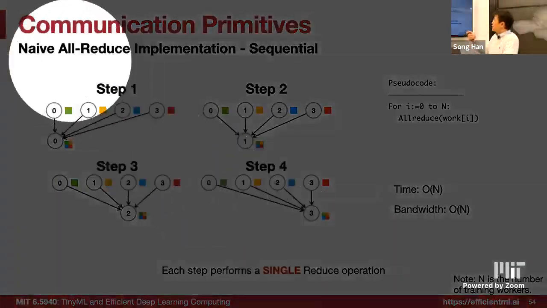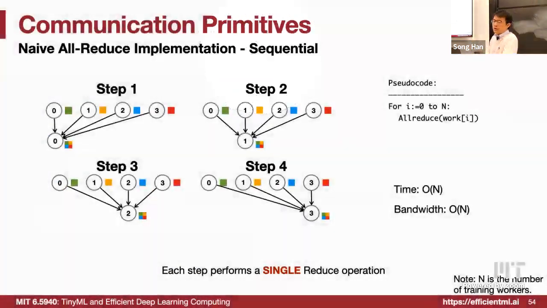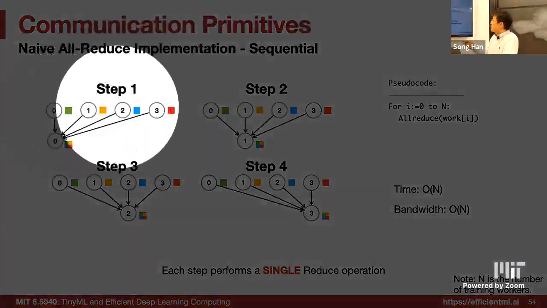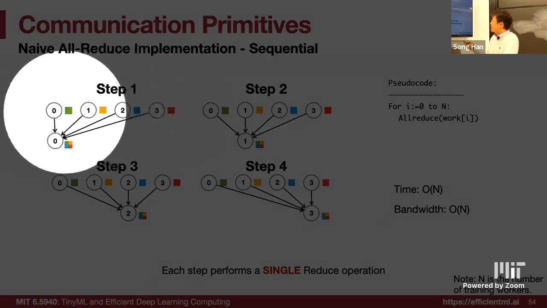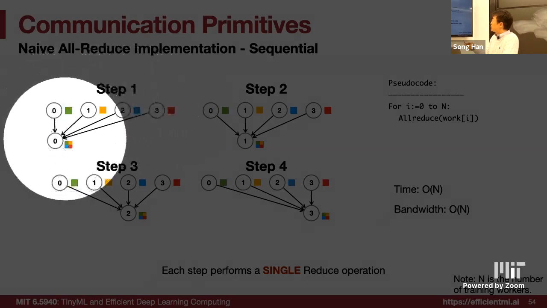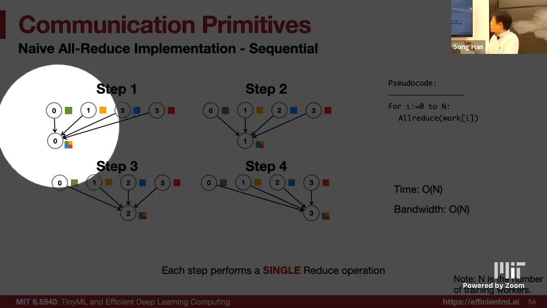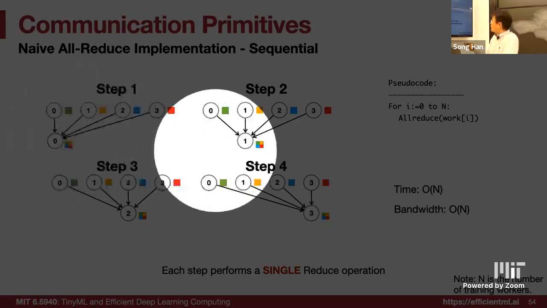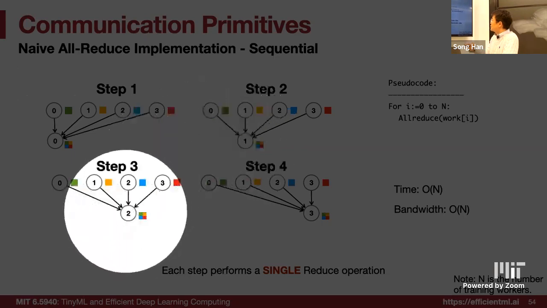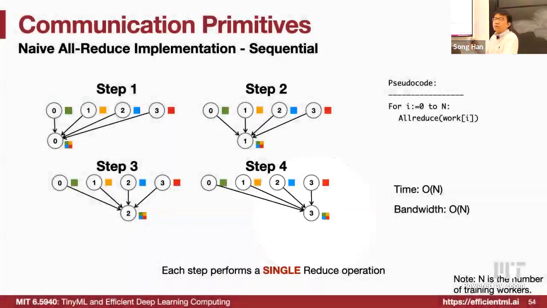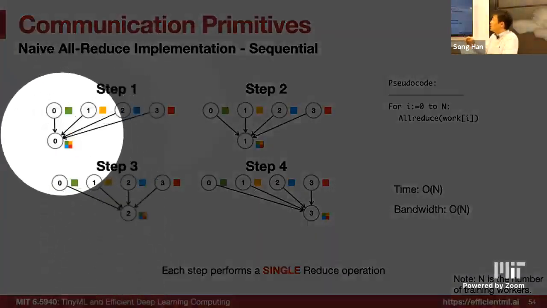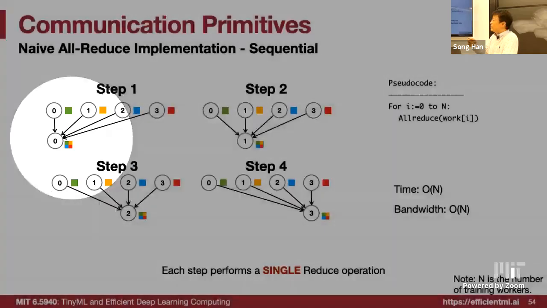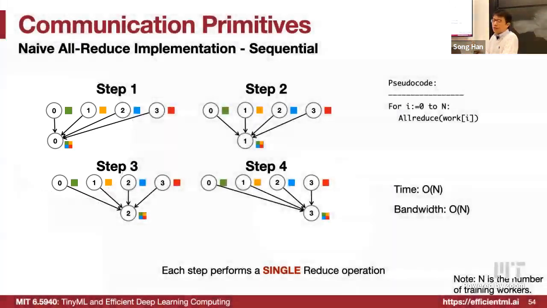Say we start with a naive all-reduce implementation in a sequential way. Each GPU will calculate its local gradient on its own piece of data, right? And now we perform all-reduce on all the nodes. So reduce on node 0, reduce on node 1, reduce on node 2, reduce on node 3. Each worker will do a gather and then a reduction to combine all the gradients together.